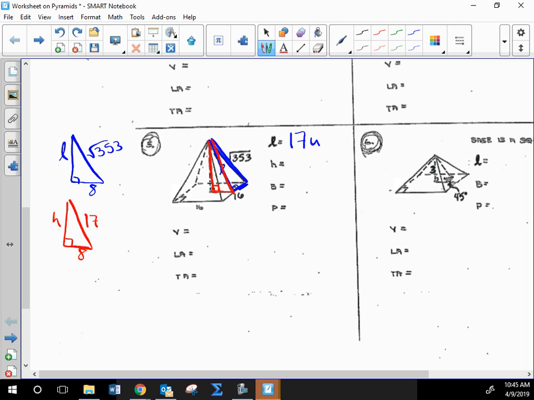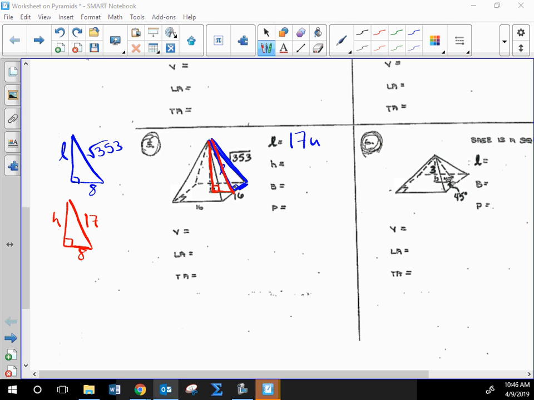Our hypotenuse is 17. 16 times 16. What's 16 squared? 256.